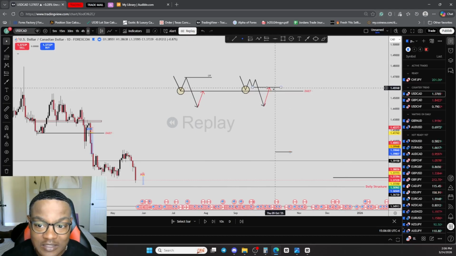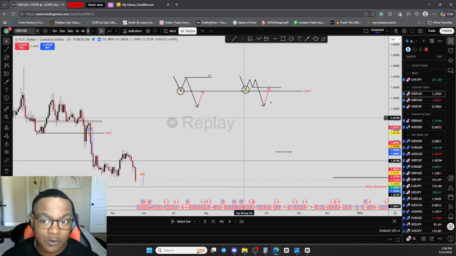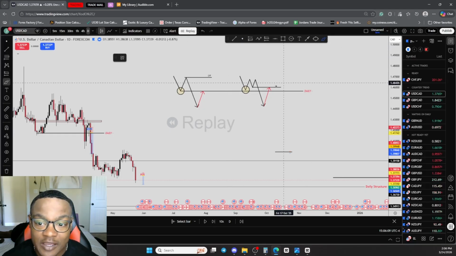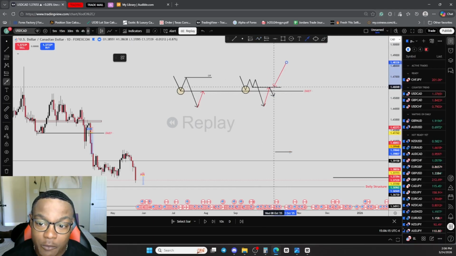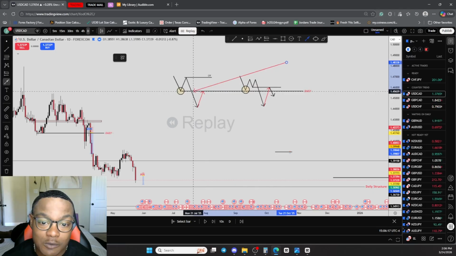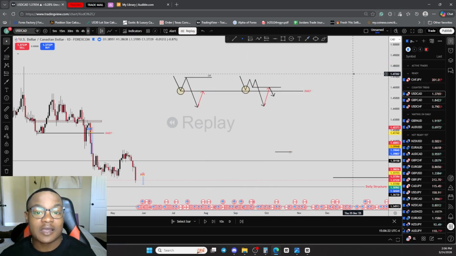And the moment price gives us that pullback, showing the rejection towards our 4-hour zone, showing the rejection towards our daily zone, in order for me to enter a trade, I would then have to see price push back below, one, my 4-hour area of interest, and then two, my daily area of interest, because it shows me a clear direction of price continuing.